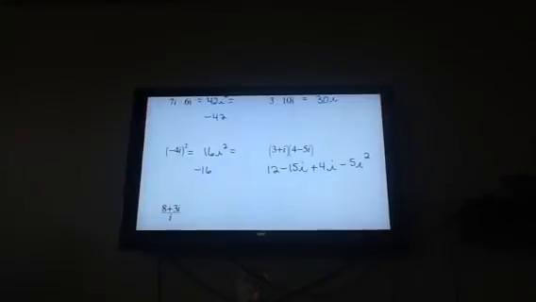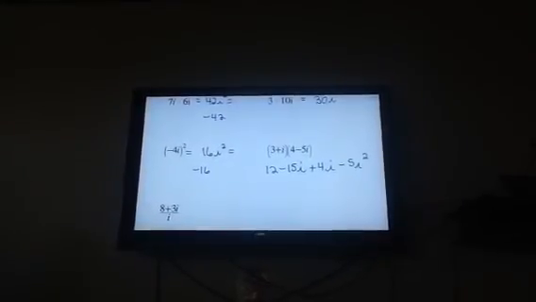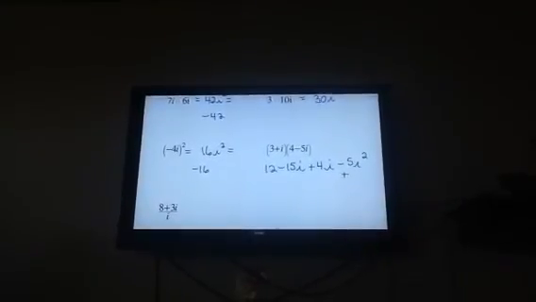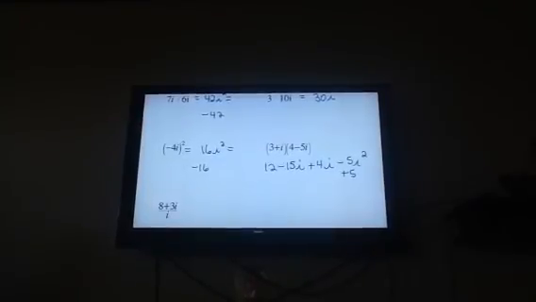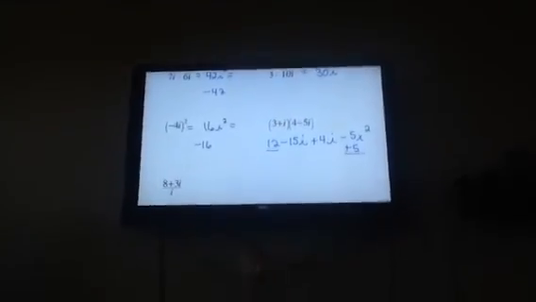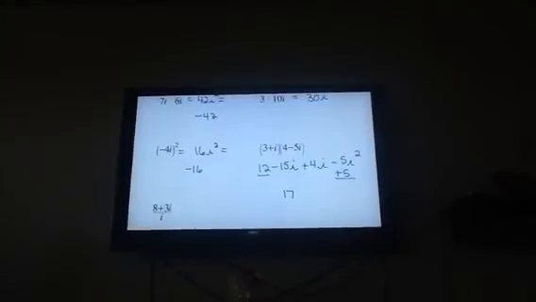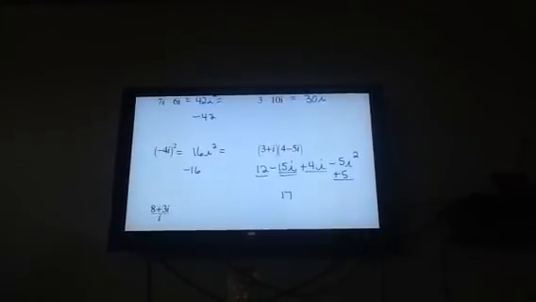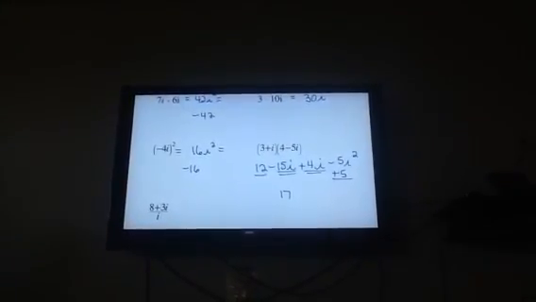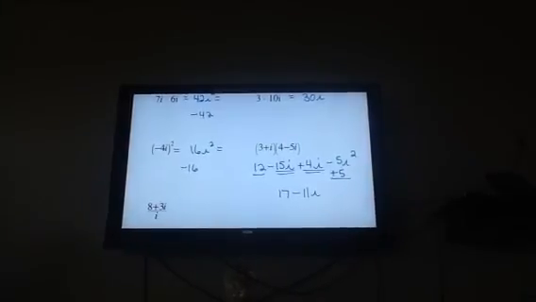Minus 5i squared is actually just plus 5. So 12 and 5 is 17. And negative 15 and positive 4, minus 11i.